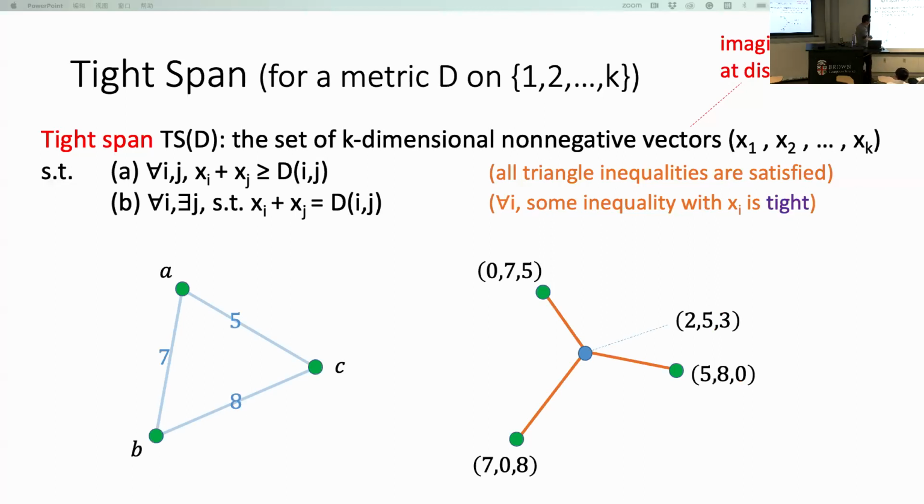The tight span consists of 3-dimensional vectors. Let's say what A represents. A represents the vector (0, 7, 5), because A is at distance 0 to A itself, at distance 7 to B, and at distance 5 to C. We want to see how we can move from this point, how we can manipulate this 3-dimensional vector.